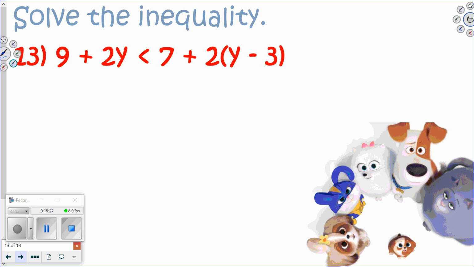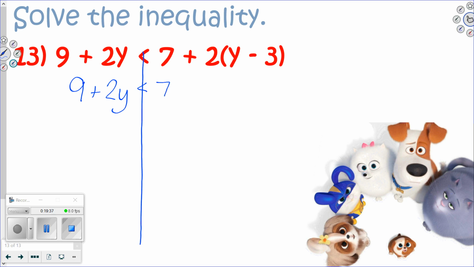All right, and then 13. What should we do first? Let's distribute. So 9 plus 2y is less than 7 plus 2y minus 6. I'd put like terms together: we have a 7 and then minus 6.